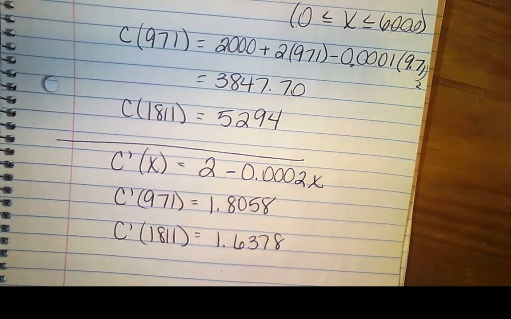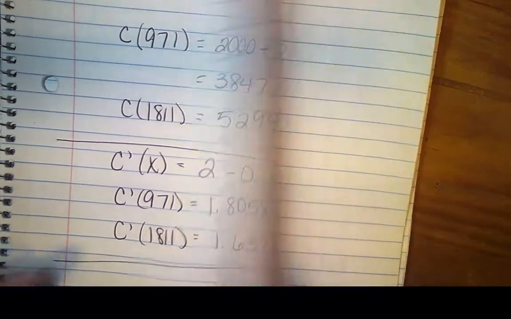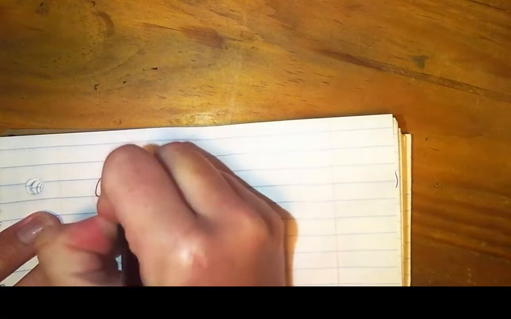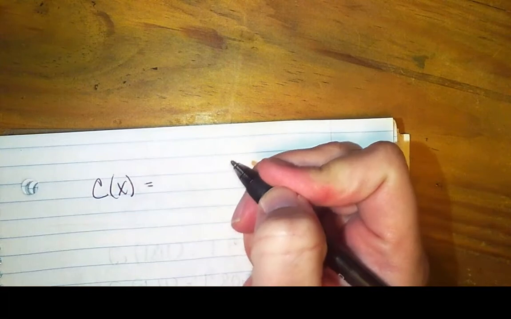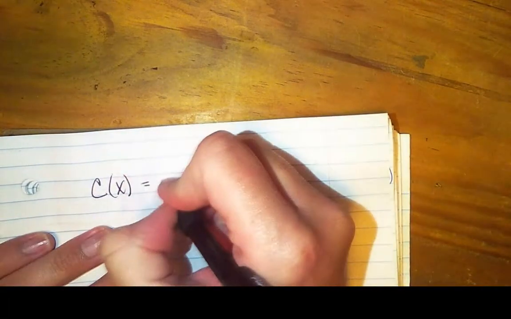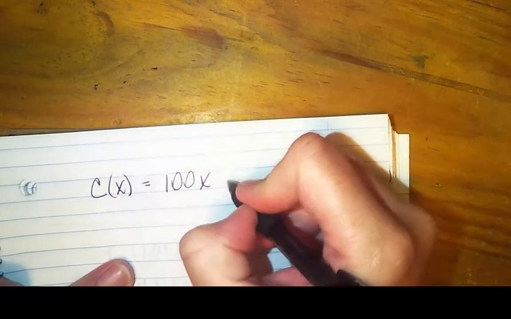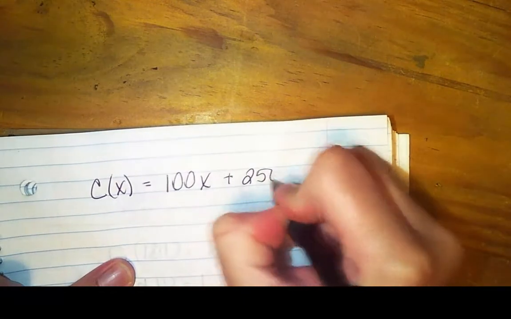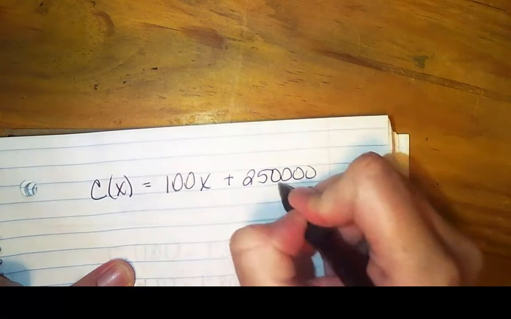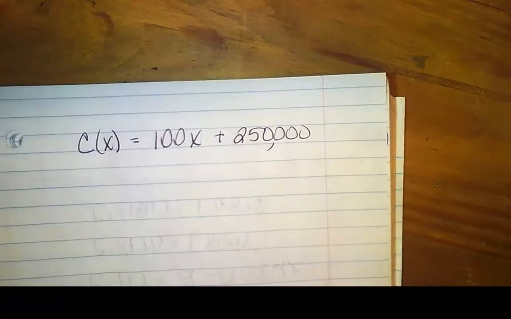All right, so number 3 says, I've got C of x, and this is going to be producing a desk, or desks, plus $250,000.